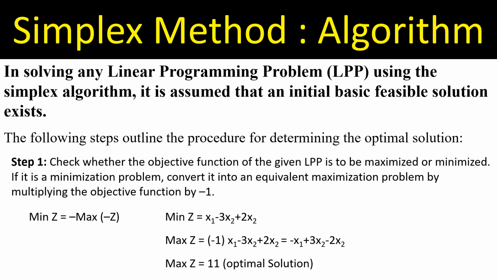Then the objective function will become minus x1 plus 3x2 minus 2x2. Let's consider the optimal solution for this objective function is 11. Then maximize z equal to 11 is the optimal solution. Then once again you have to convert this minimization, that is, the minimization of z equal to minus 11.